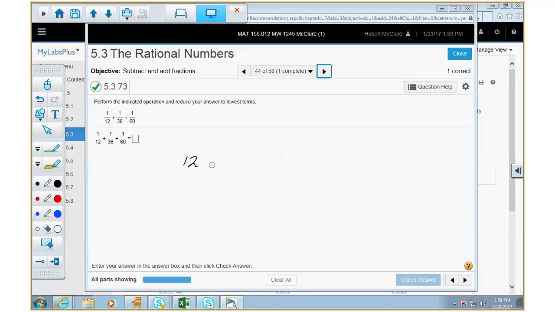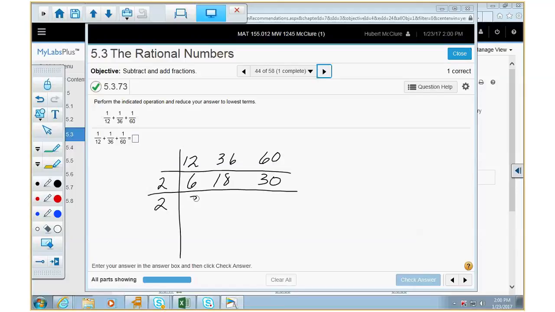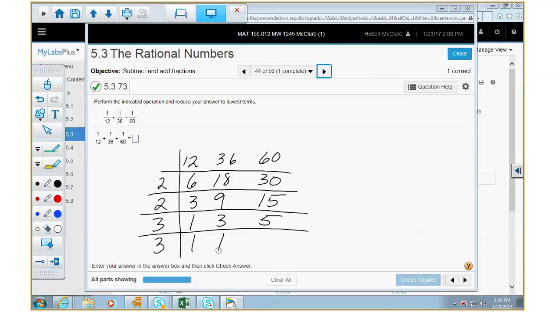The denominators are 12, 36, 60. Dividing by 2 gives 6, 18, 30. Dividing by 3 gives 2, 3, 9, 15. Then 3, 1, 3, 5, and so on.